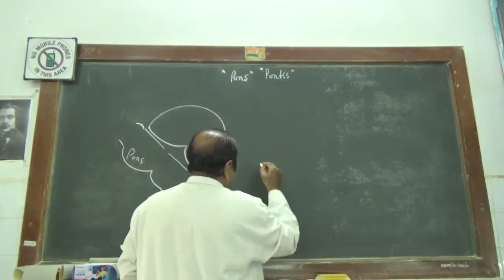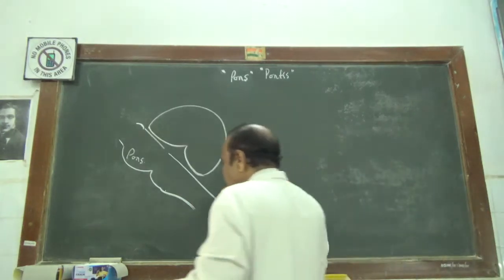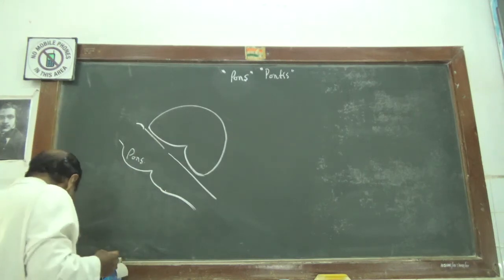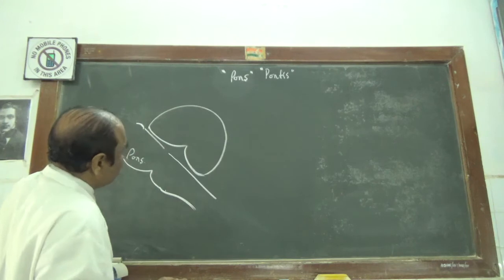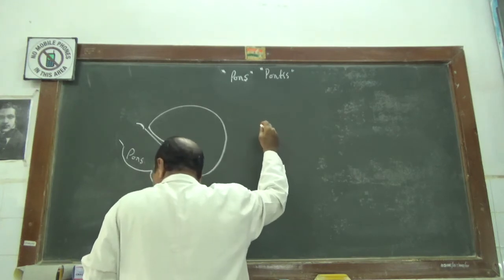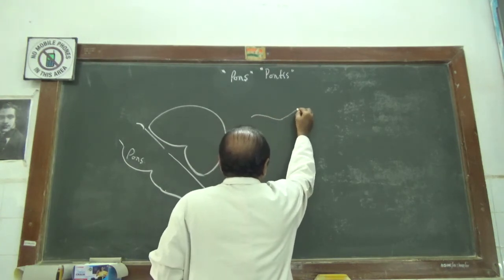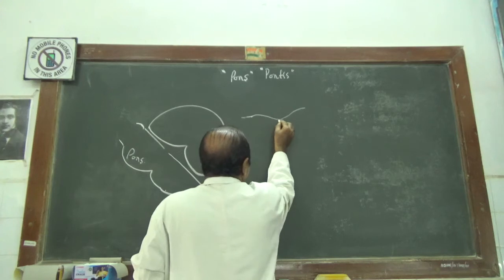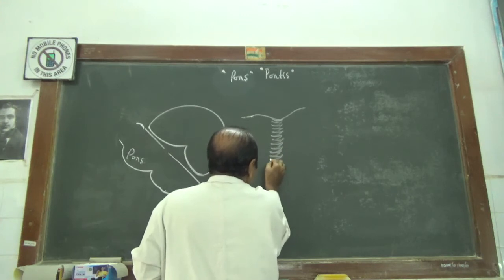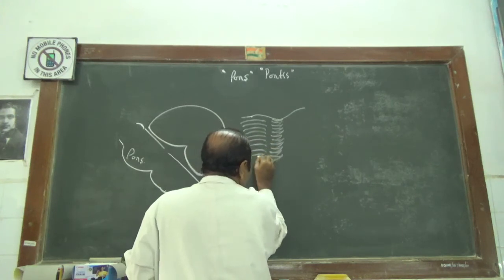Now, when you look at the anterior view of the pons, you will just have a point like this. So you will get the views like this.